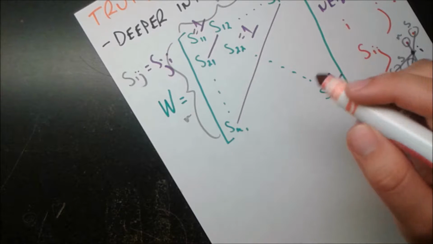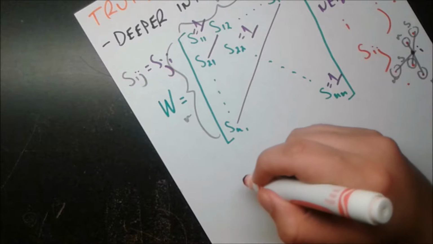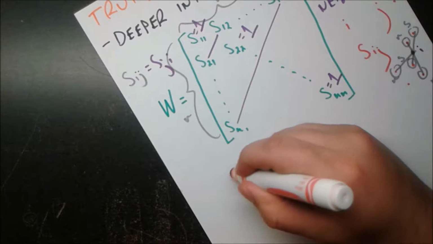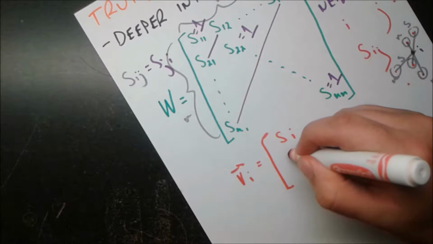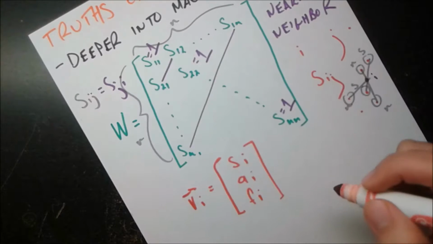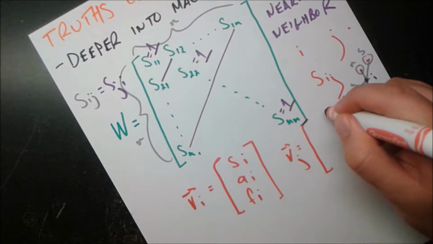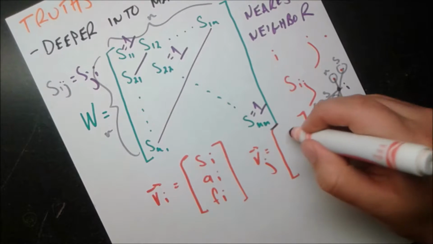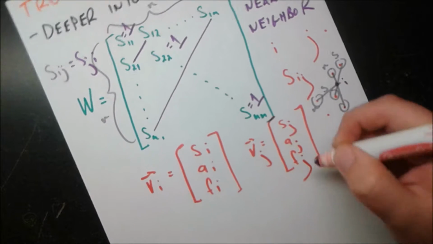So that's like a triple, and we can represent it as a vector. Let's say for person i, Vi is a vector which has their sex, their age, and the fare they paid to be on the Titanic. Similarly, Vj is the same set of values for person j: their sex, their age, and their fare.